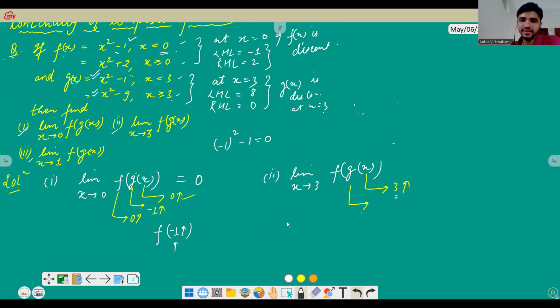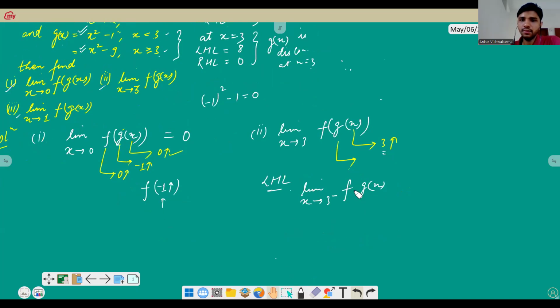Firstly, let us check the left hand limit. For the left hand limit, we will write limit x tends to 3 minus of f of g of x. So when x is approaching 3 from the left hand side, where g is approaching, let us check.